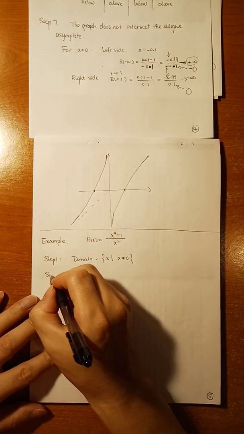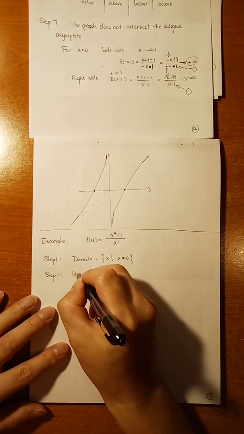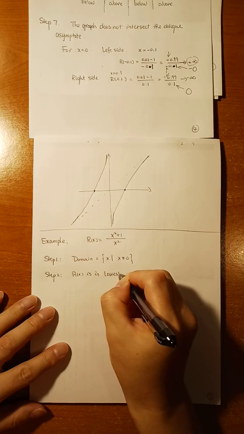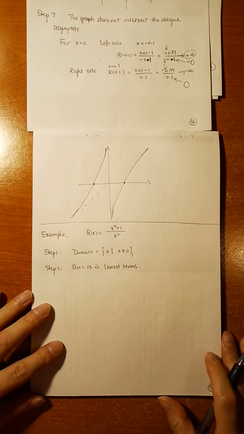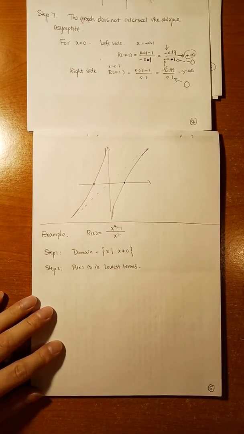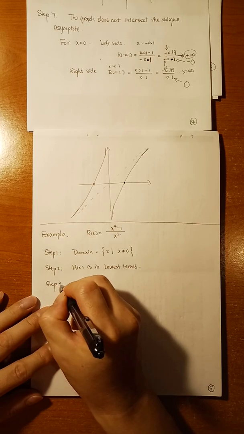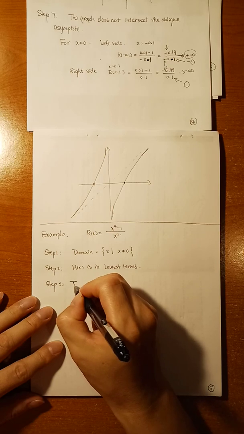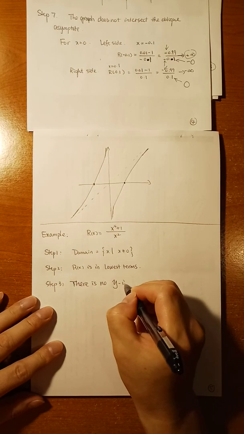And step 2, it is in lowest terms. Okay, and step 3. Because 0 is not in the domain, there is no y-intercept.